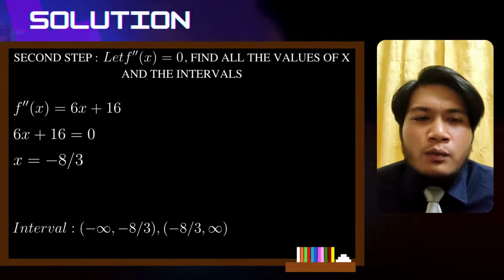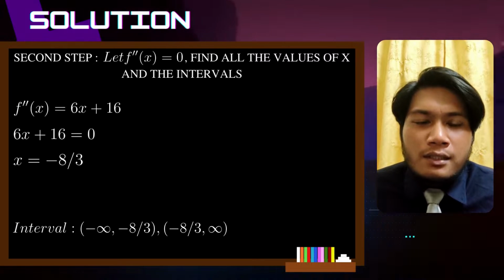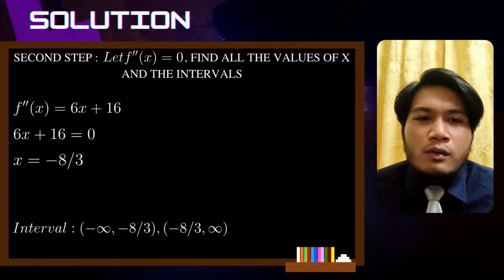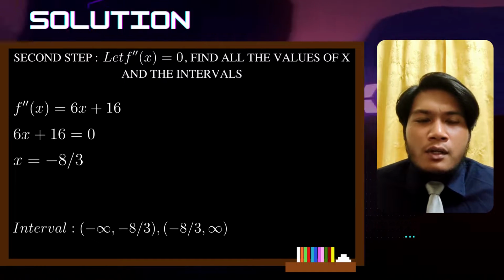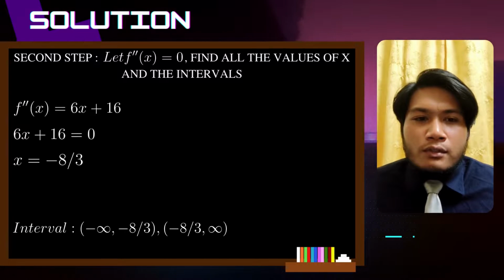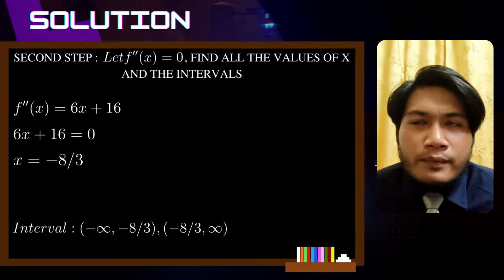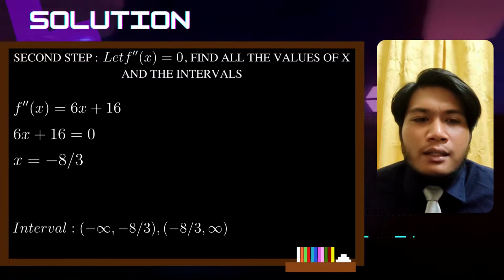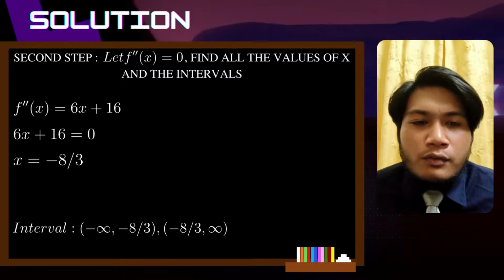We set 6x plus 16 equal to 0, and we find the value of x is equal to negative 8 over 3. So the intervals that we get are negative infinity to negative 8 over 3, and negative 8 over 3 to infinity.